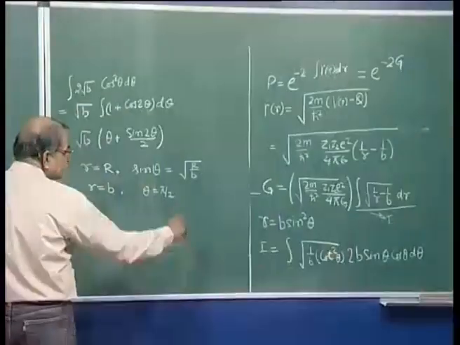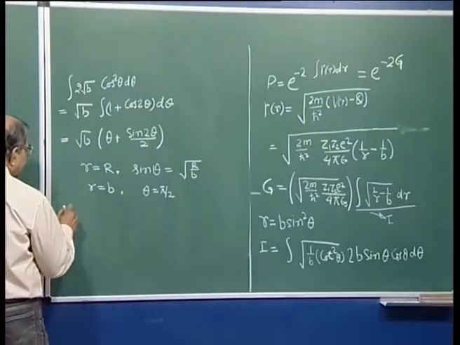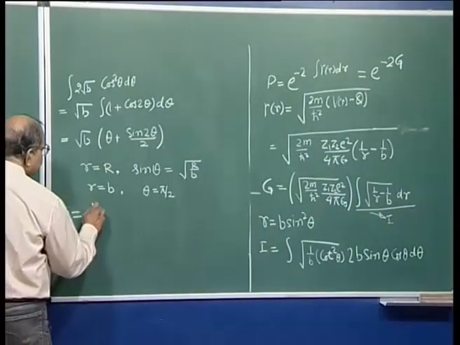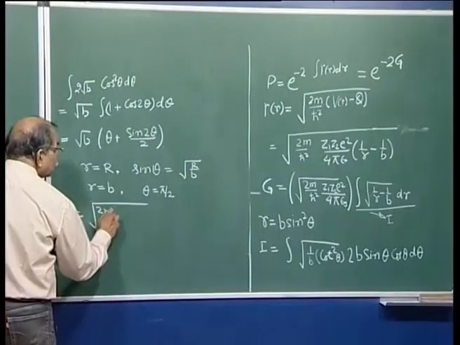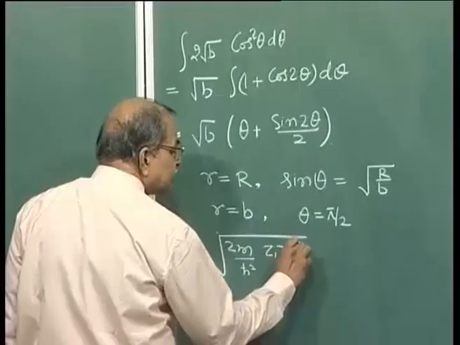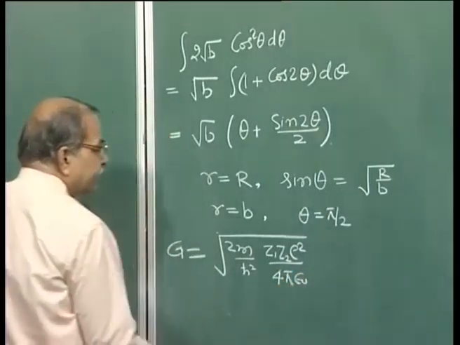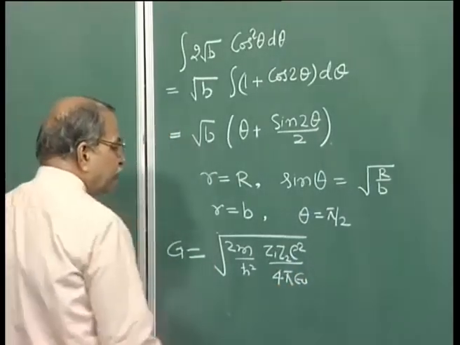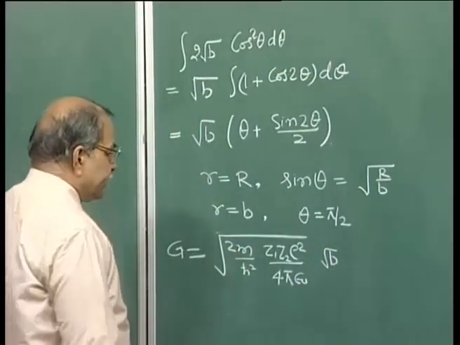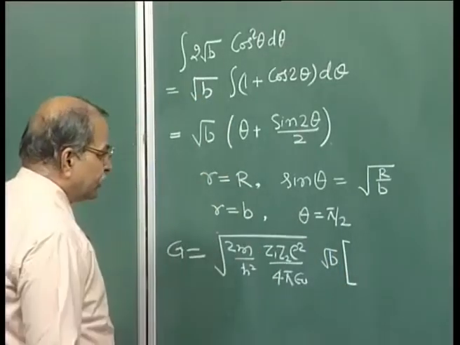So, when you evaluate this integration from capital R to b, that g will be equal to the square root of 2m over h cross square Z1 Z2 e square by 4 pi epsilon naught, this factor will be there, and then the integration is square root of b times theta plus sin 2 theta by 2.